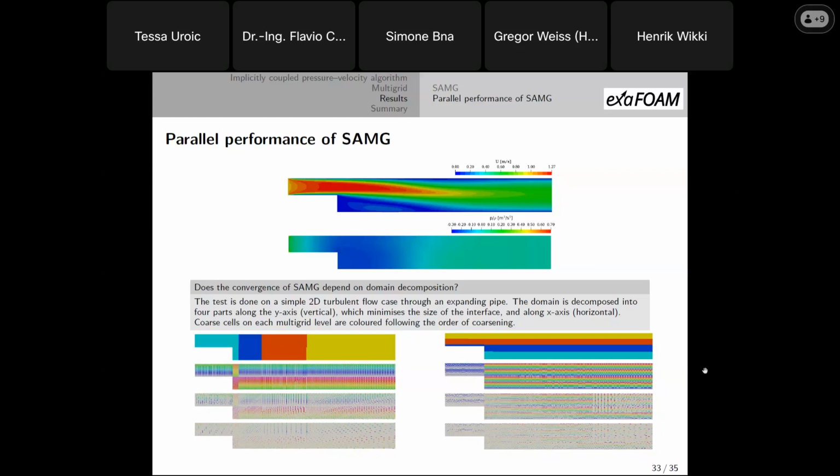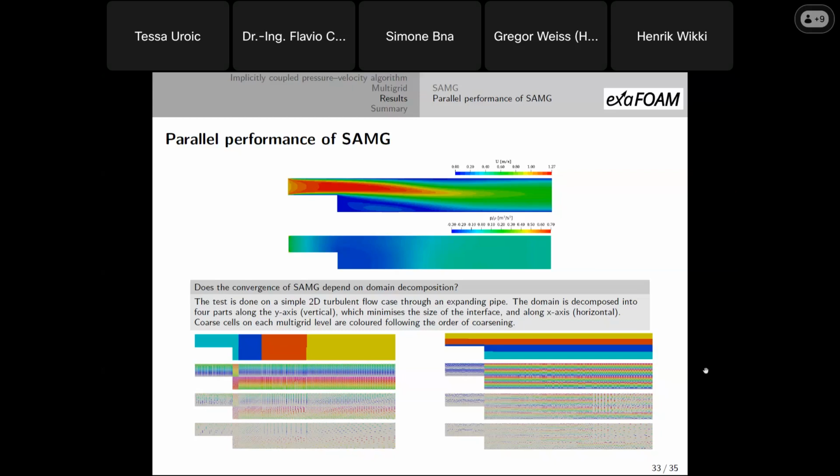So the question was whether this violent horizontal coarsening, choosing the boundaries in a very unnatural way, will affect the convergence of SAMG. So not the parallel performance in terms of computational time, since I'm doing something which is not efficient, dividing the processor boundary to be very large, but whether this will affect how the algorithm works.